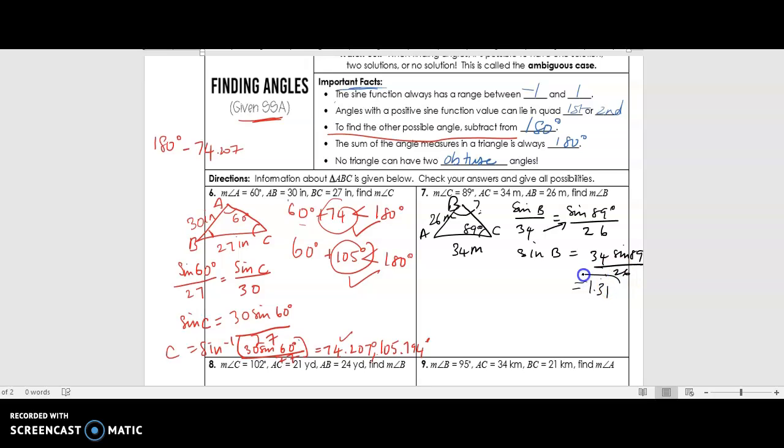But can this be a possible sine value? No, because it must be between -1 and 1. It's above 1, so first of all, that is not a possibility. So a triangle cannot be formed. That's why there is no solution. So this must not be a triangle for sure. So something is quite wrong. So this is a no solution situation.